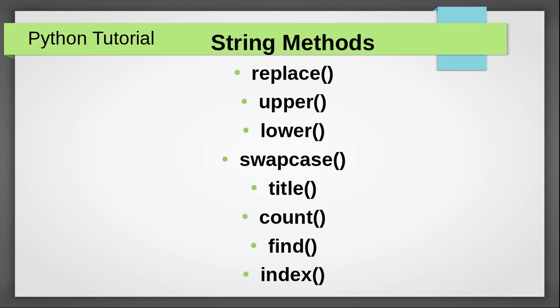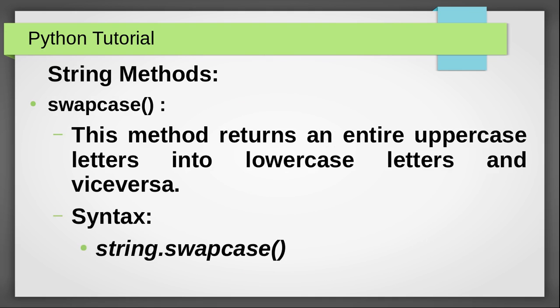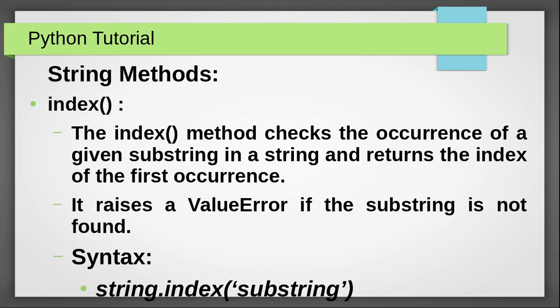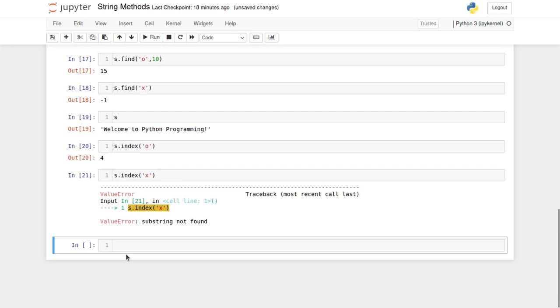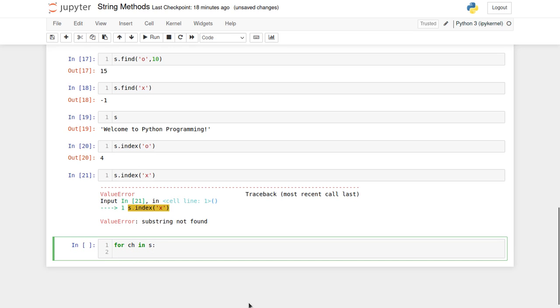And one more thing is string traversal. Okay, so another example here, using a for loop we can access the characters: for ch in s, and print of ch.